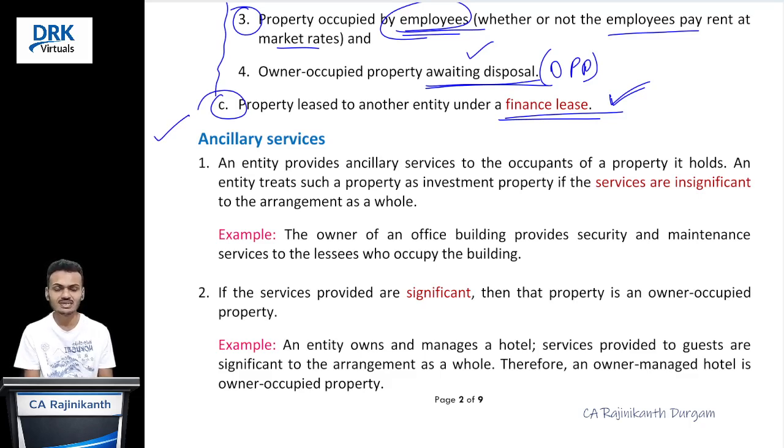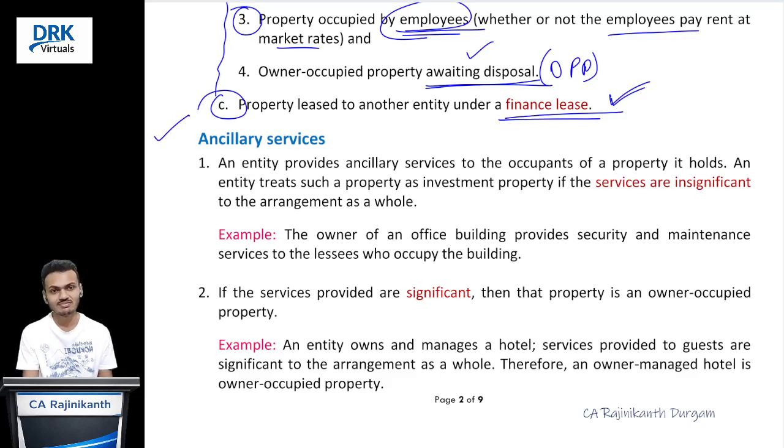If the entity gives that property on rent to outsiders and charges rent 30,000 per month per flat, in addition to that rental services, entity is also providing ancillary services like security and maintenance services. For this service, entity is charging 2,000 per month per flat.